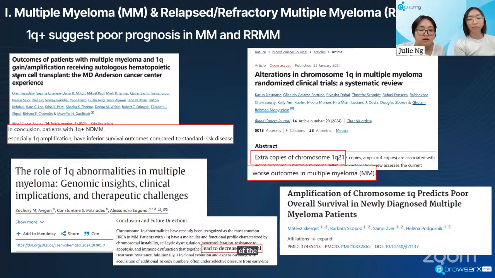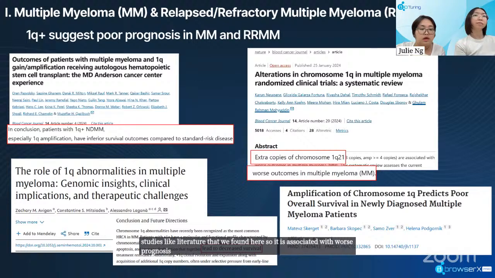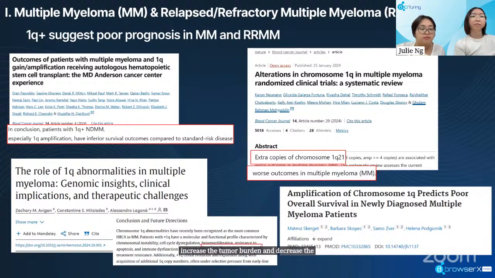Based on the literature, the gain of chromosome 1q is found in multiple myeloma at all stages, including newly diagnosed and relapsed or refractory multiple myeloma. You can see multiple studies here. It is associated with worse prognosis, increased tumor burden, and decreased overall survival of the patient.